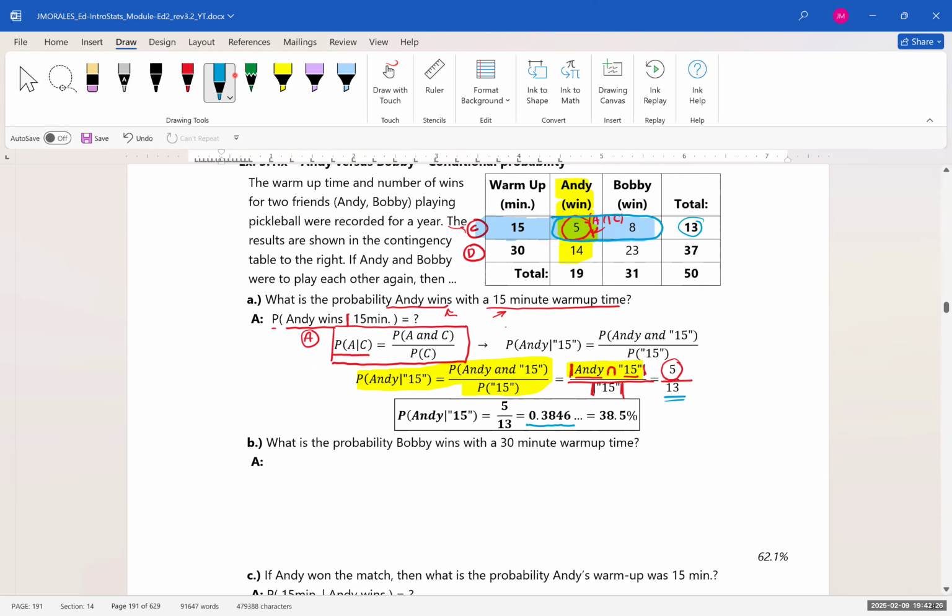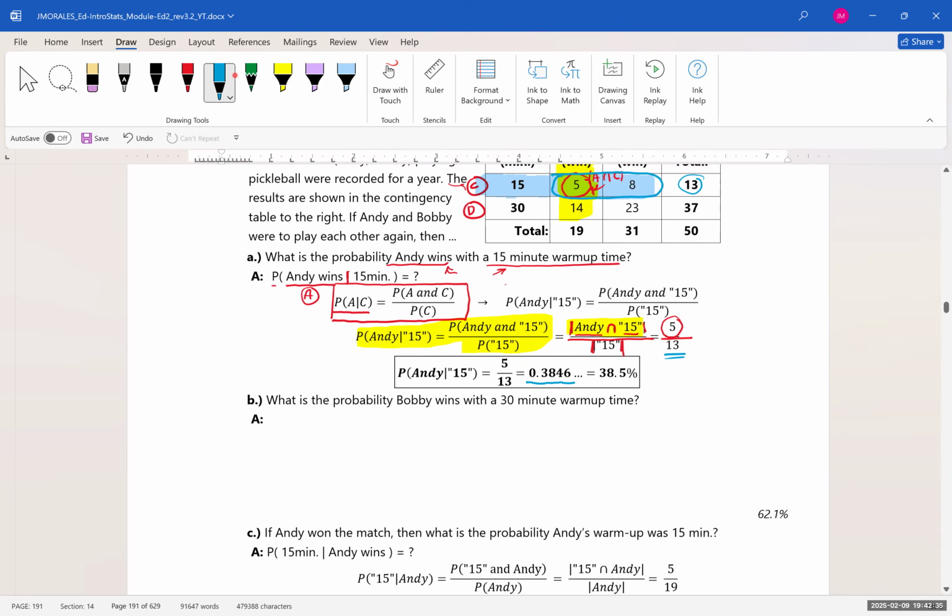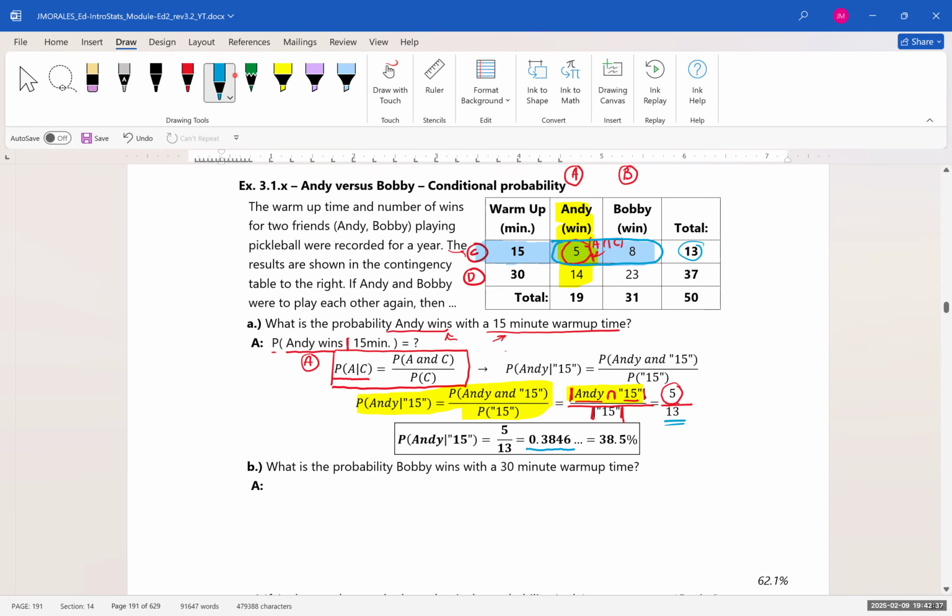So the probability that Andy's going to win with a 15-minute warm-up is 38.5%. For part B here, why don't you pause the video and, using part A as a model, see if you can figure that out, and unpause when you're ready to check your answer.